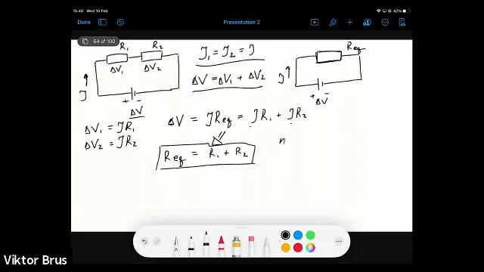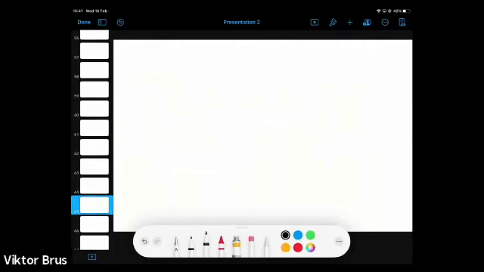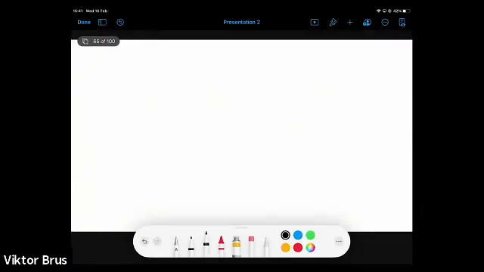So if we have, let's say, N resistors connected in series, in general we can write that R equivalent is equal to the sum from i equals 1 to N of Ri. Okay, so now we have defined how we calculate the total electrical resistance of resistors connected in series.